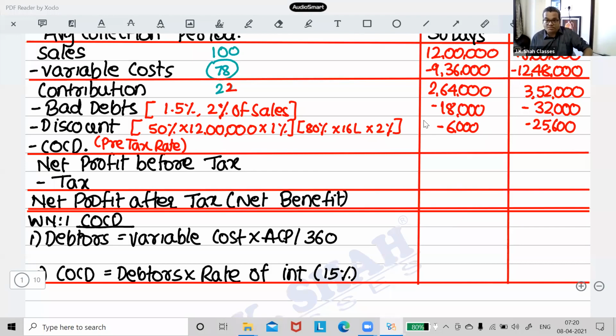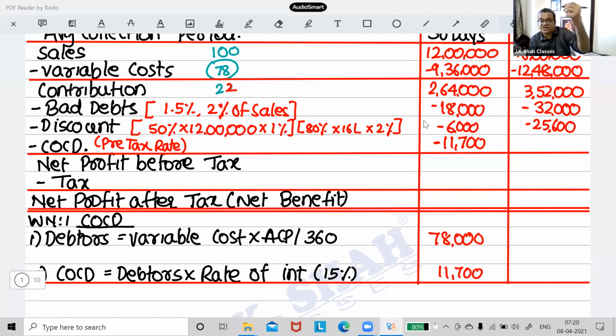So this is 78,000 into 15%, which is 11,700. Okay. Here it is 1248 into 20 divided by 360.